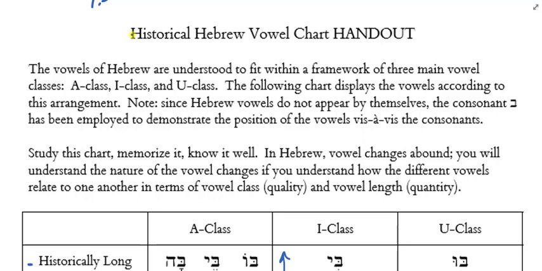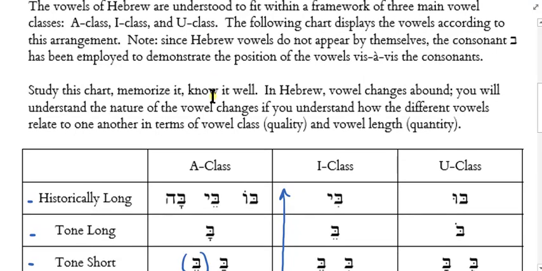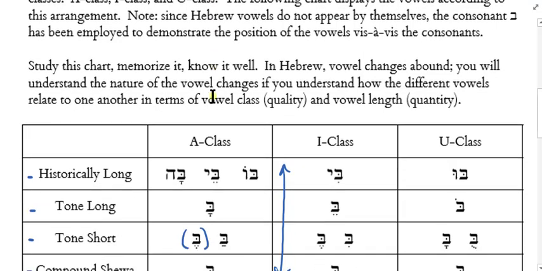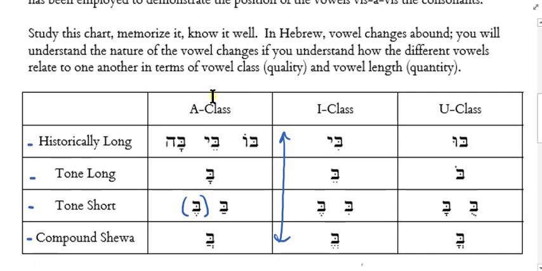And we're going to think of our vowels in terms of these three vowel classes, A, I, and U class vowels. If you will really learn this, then you're going to understand the nature of the vowel changes that you're going to see as you notice that some vowels will go from short to long and some will go from long to short. You'll see why they change to the vowels that they do. We'll be thinking in terms of vowel class, the quality of the vowel, and vowel length, the quantity of the vowel being short or long.